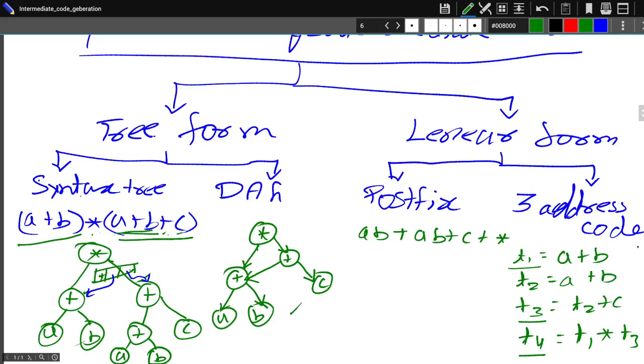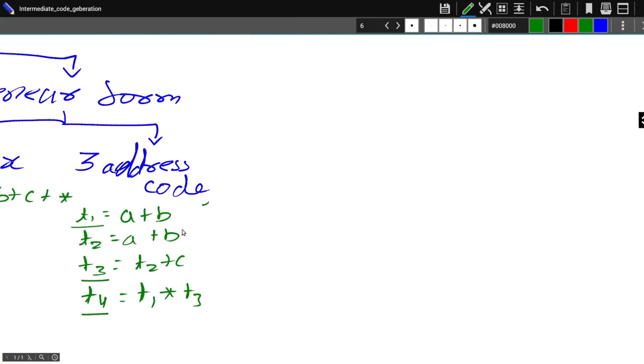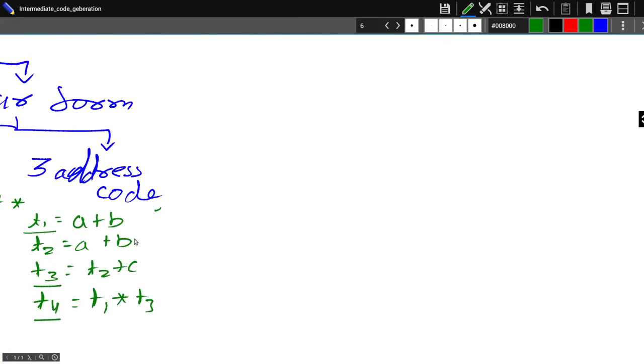3 address code is also popular because we want to represent these things with assembly language, right? So usually in assembly language you see there are 3 address code. So we want these things actually 3 address code to be popular, right? Let me say some more things about 3 address code.